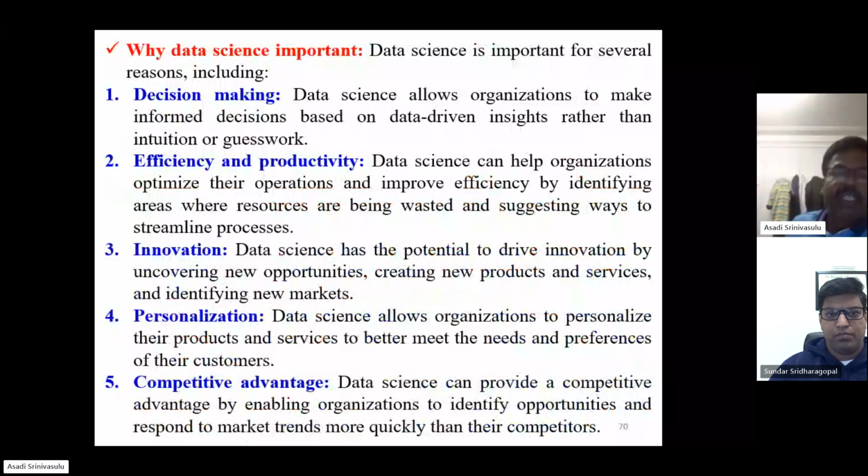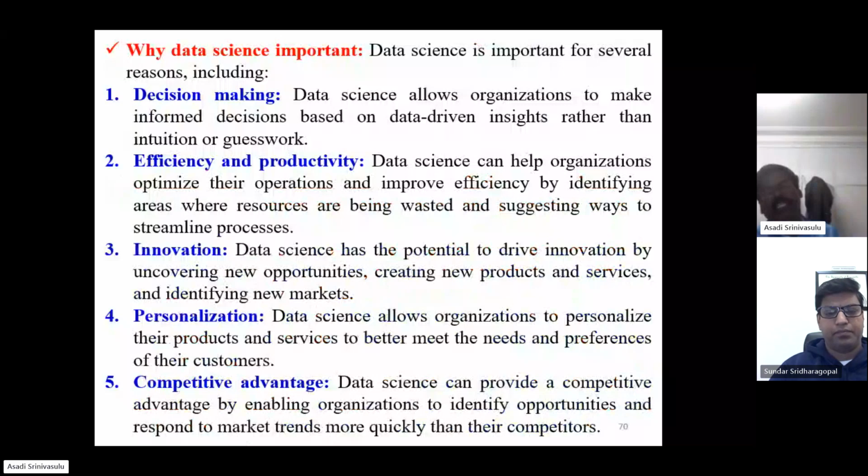Then innovation. We are developing innovative applications like patent and idea creation with the help of AI, ML and DL techniques. Then personalization, if you want to store your data or you need to segregate your data. So personalization we are also using in the organization, in your system, server or data center.